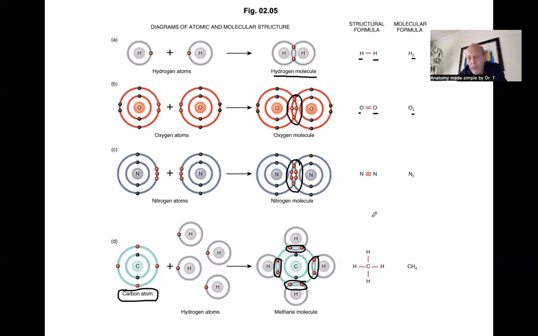So the situation looks a little different. We don't put 4 parallel lines, but rather we keep here, if we're writing a structural formula, carbon in the middle, and each of the red lines identifies a single covalent bond generated between carbon and those 4 individual atoms of hydrogen. Molecular formula CH subscript 4.